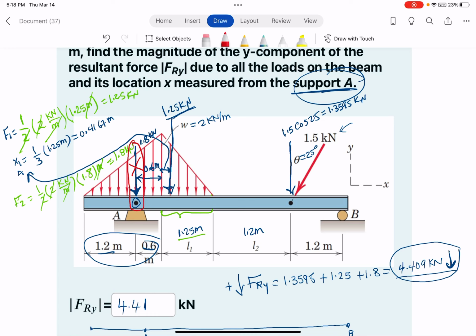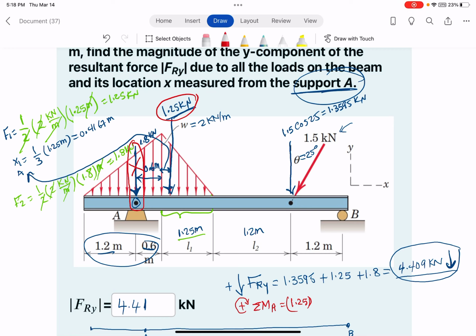So now we'll do it like this: summation of moment of the resultant of all the forces from point A. And I'm going to assume, of course, that this is positive, equal to. Now, let's do the first force, 1.25 times, what's the distance from point A?